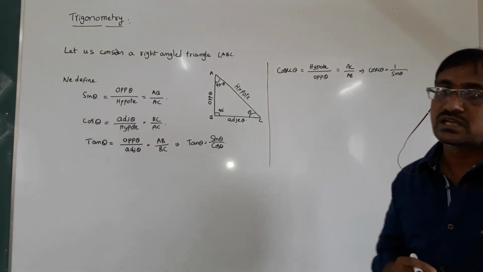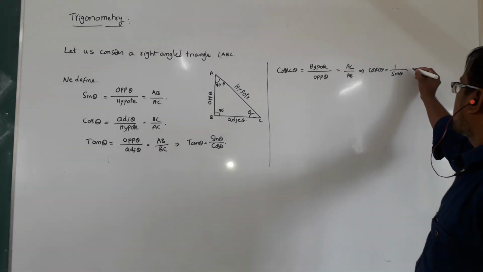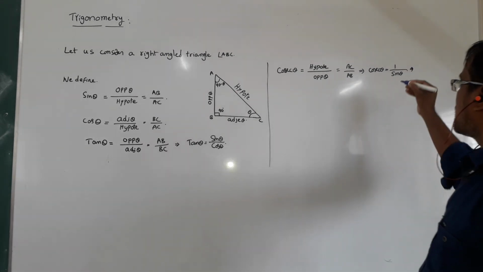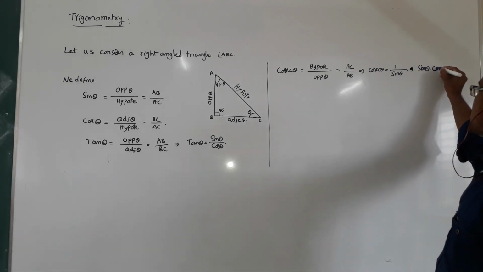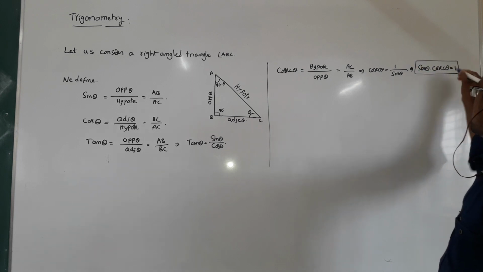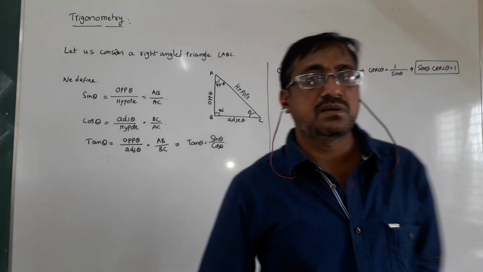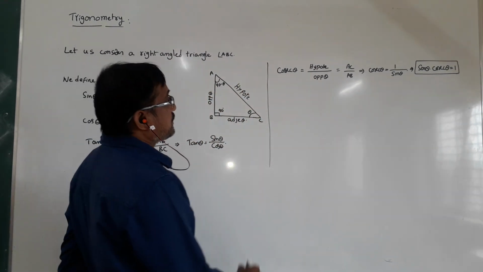So cosecant theta is hypotenuse by opposite side to theta, that is AC by AB. So cosecant theta is equal to 1 by sin theta, and you can find a small identity: sin theta into cosecant theta is equal to 1. You can remember this in solving problems.